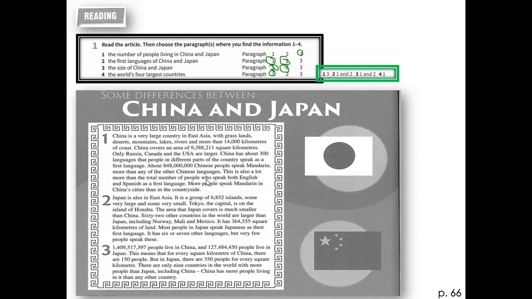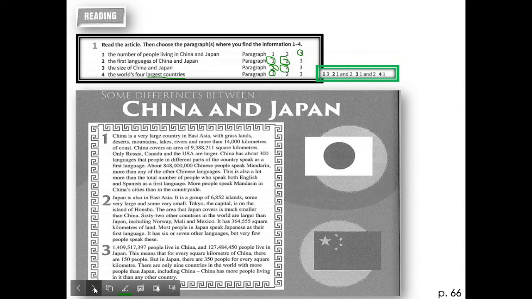If you look back in paragraph 1, here, Russia, Canada, and the USA, compared with China. When they say largest countries here, they refer to the population. How many people living in that country?